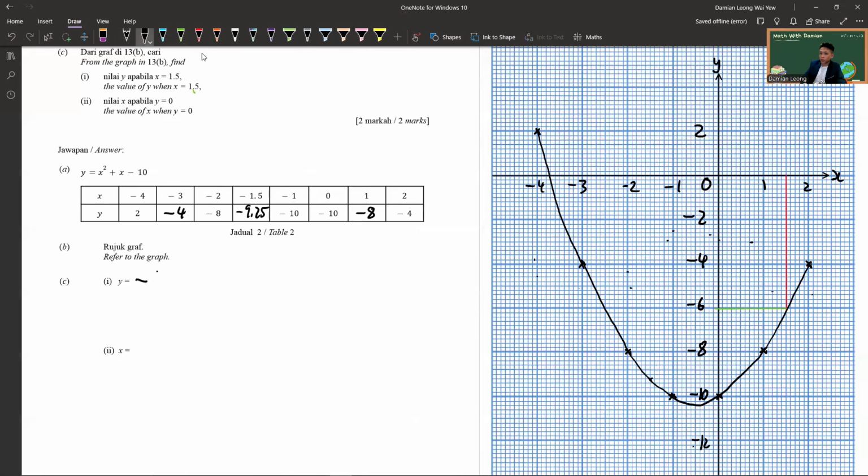Okay, y equals -6. Then x is, yeah, when y is 0, x value means the x-intercept here, which is about -3.7. Yeah.